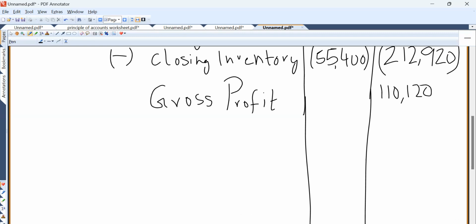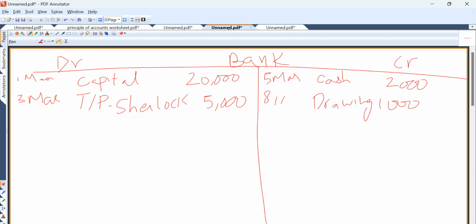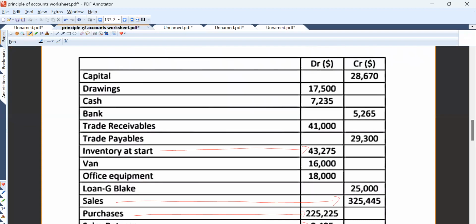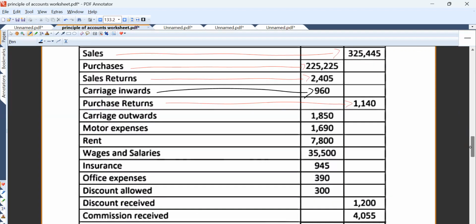Now let's move on to our question and see the value of other income and expenses. For other income, we have discount received and commission received.